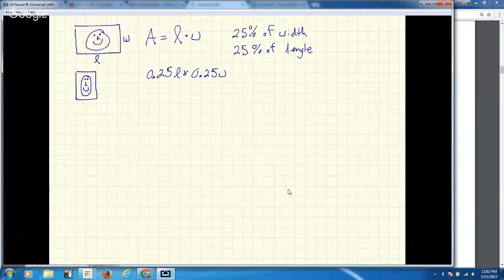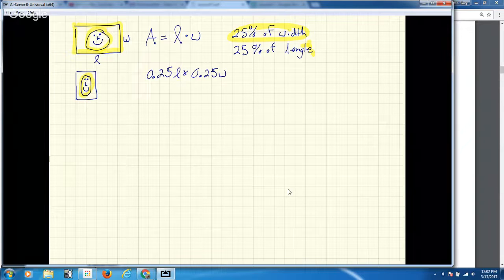So here's an example of an area function in action. Consider the picture of me right here. If we were to change the length but not the width, then that would distort the image. So instead of having a circular head, I would have a long, tall, oval type head. If we needed to say take 25% of the width, we'd also have to take 25% of the length.